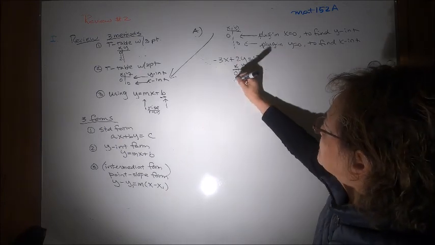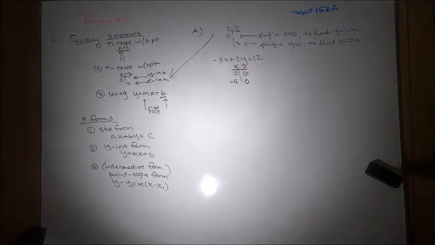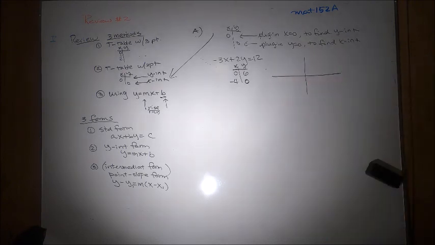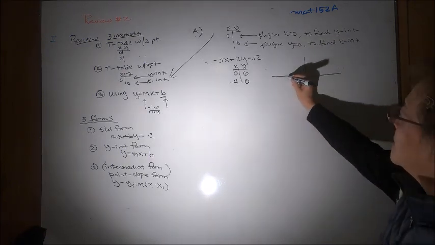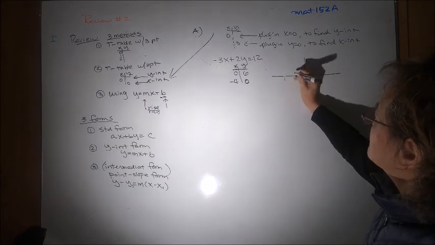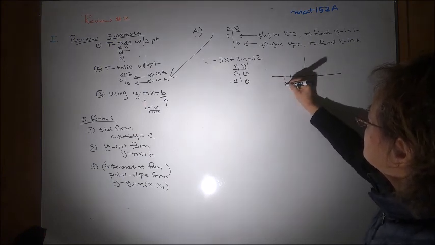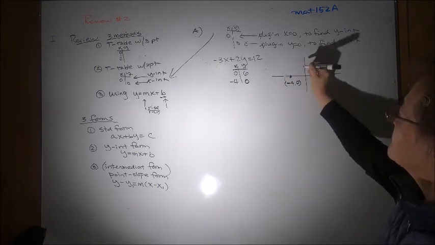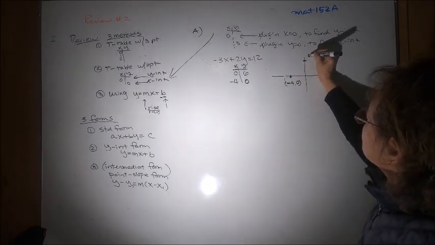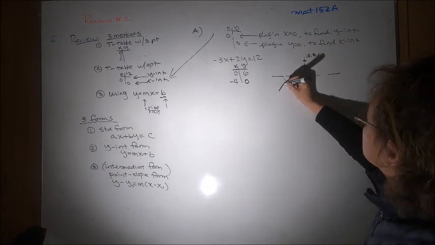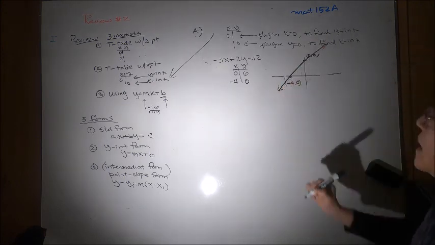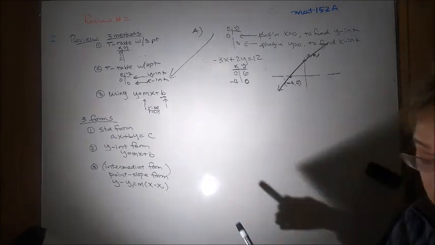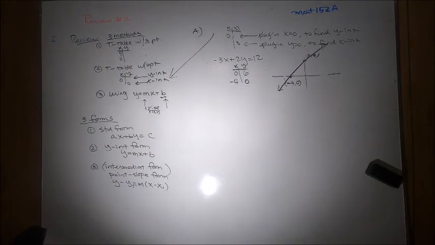X divided by negative 3 would be negative 4, right? Then you graph the intercepts. Negative 4, 0 is here for the x-intercept, and 0, 6 would be the y-intercept. So you graph a line this way with the second method, right?